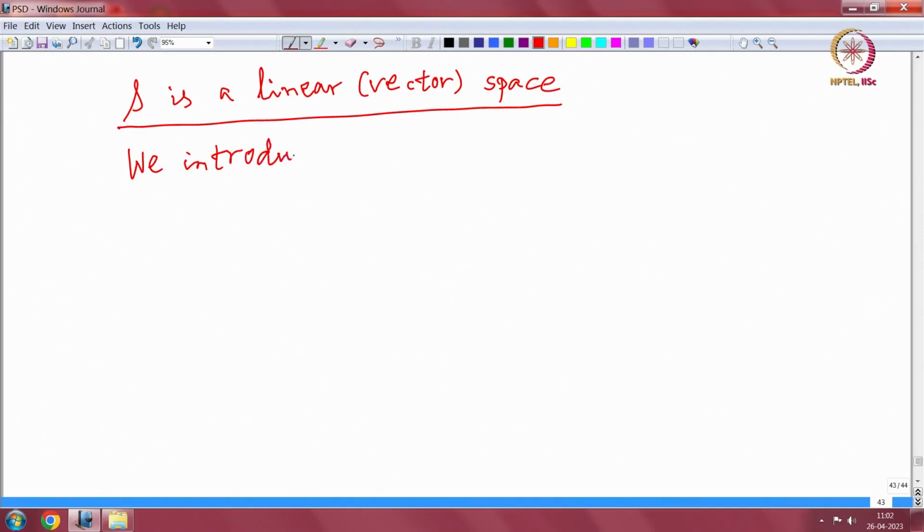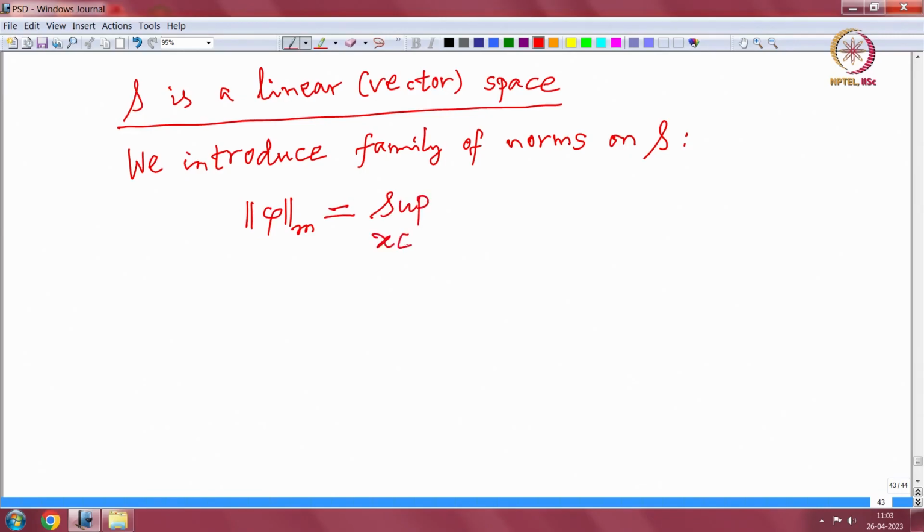Okay, so once we introduce this family of norms on S, the norm of phi at m is, let me write that, sup over x in Rn, and I am taking summation over all multi indices up to order m, of 1 plus x square to the power, this is just a choice.